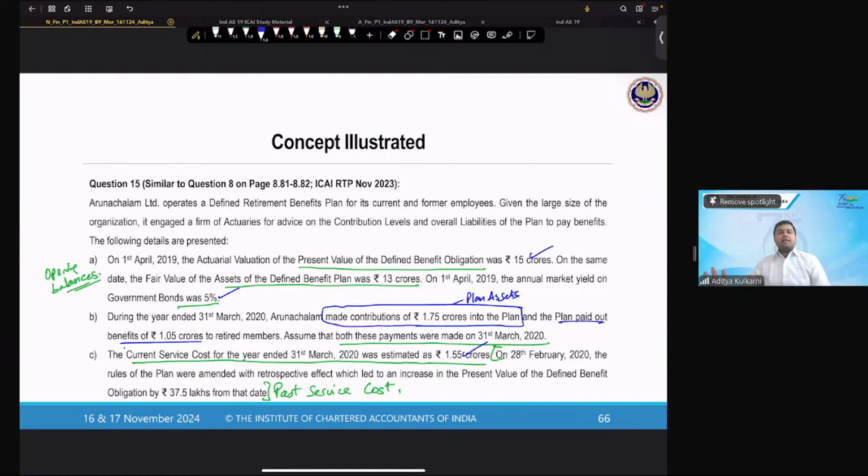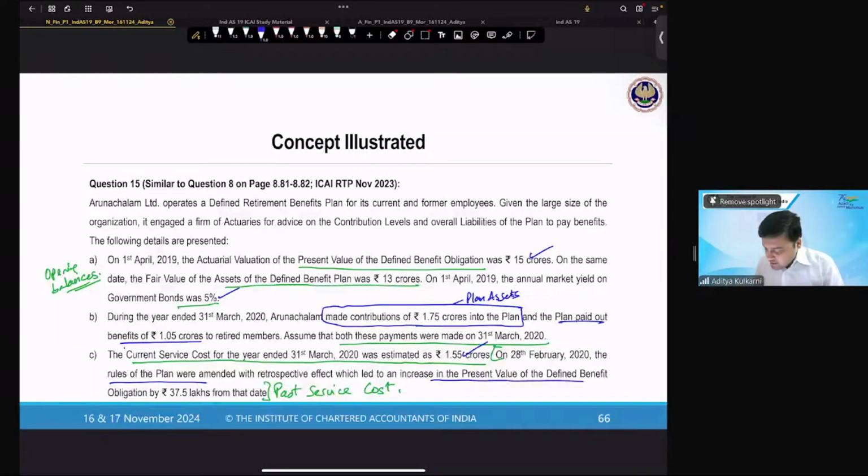Just tell me the journal entry. Rules were amended. बोलिए. Service cost to DBO. That's right. Past service cost, which is essentially employee benefit expenses to defined benefit obligation.